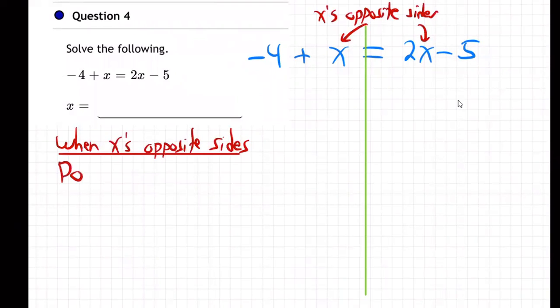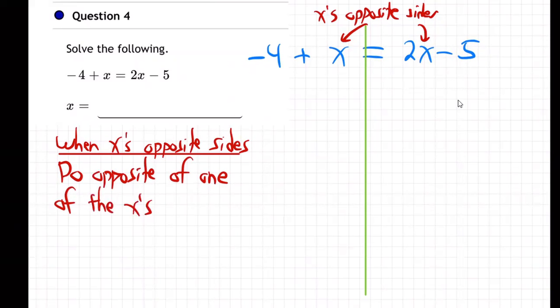You basically do the opposite of one of the x's, and do it to both sides, of course. Because whenever you do something, you've got to do it to both sides.